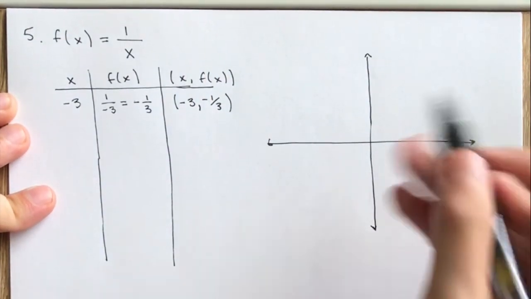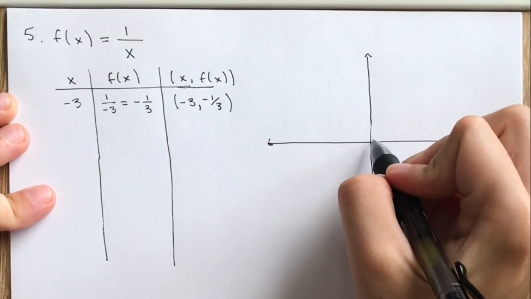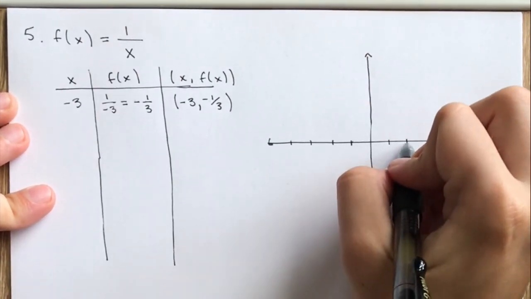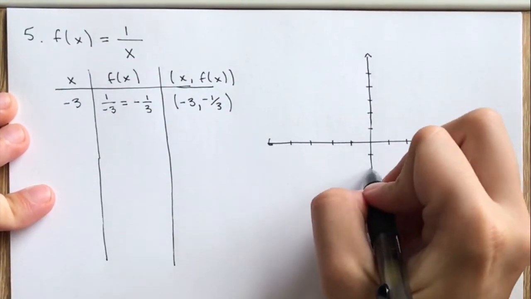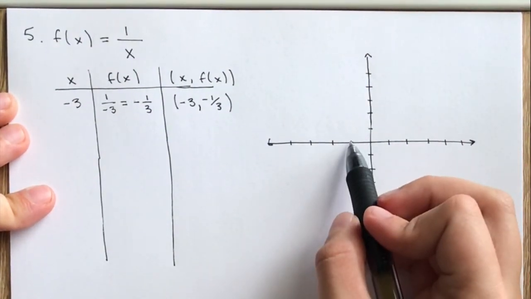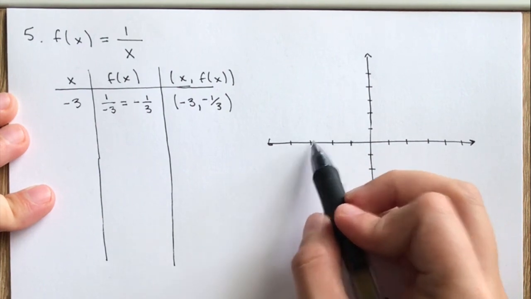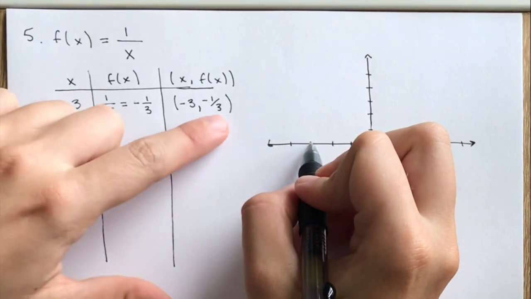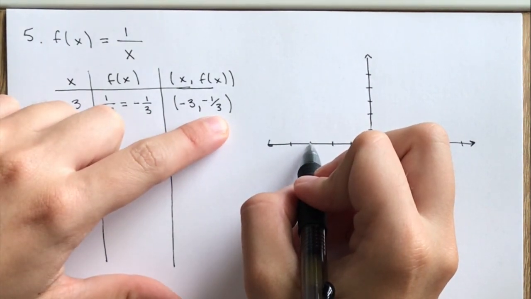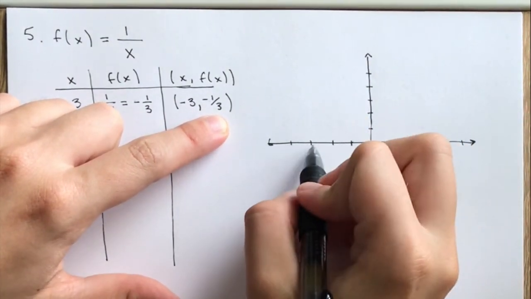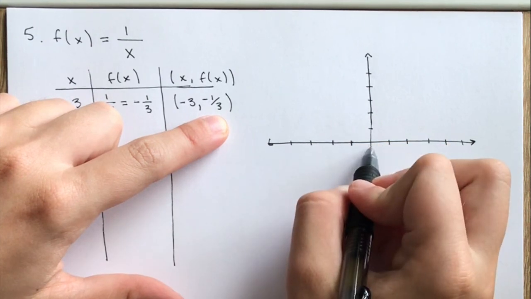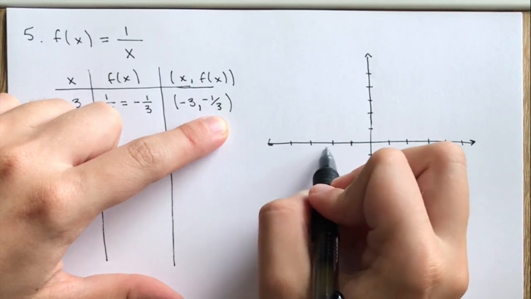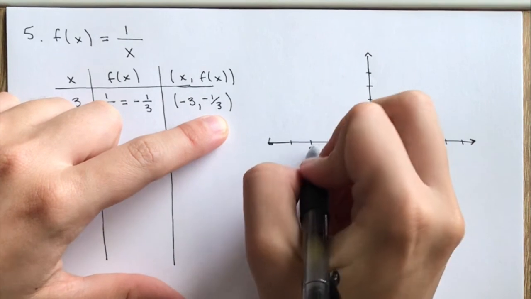So I can go ahead and graph that on my coordinate plane. Okay, so -1, 2, 3. So I know I'm looking here. And then -1/3. So that is, we want it to be about 1/3.